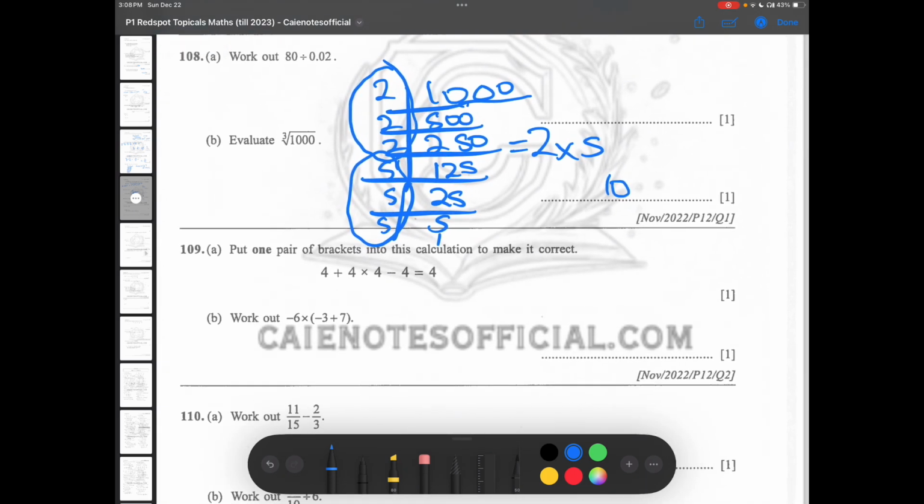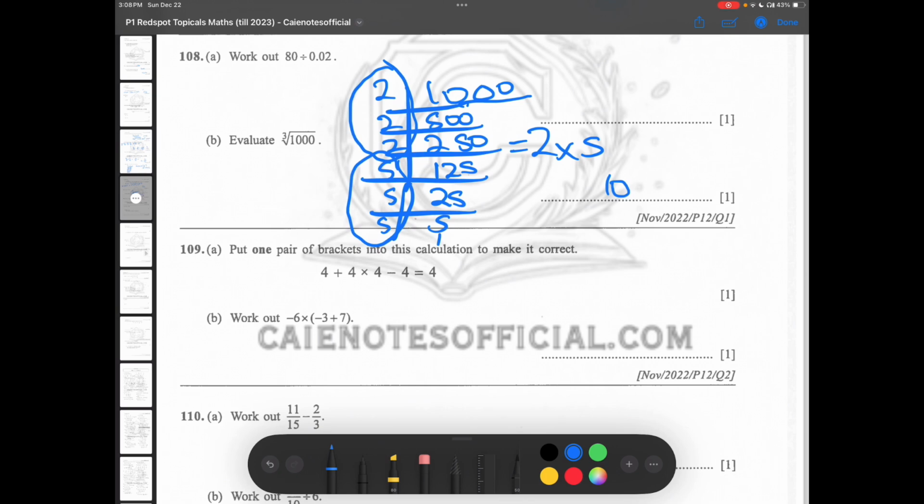Question number 109. Put one pair of brackets into this calculation to make it correct. 4 plus 4 multiplied by 4 minus 4 is equal to 4. So this will be a trial and error method. You just try putting brackets in different places in order to get the answer.